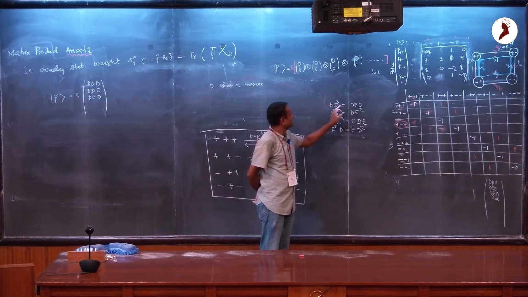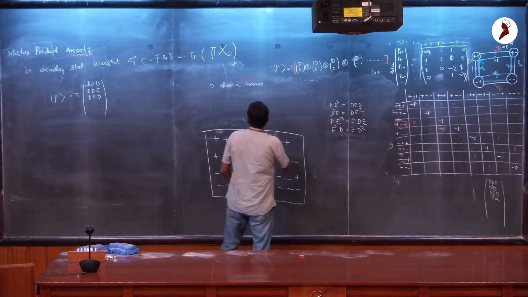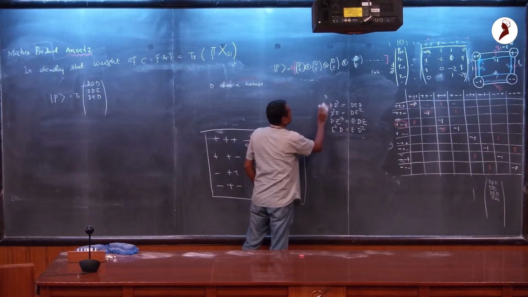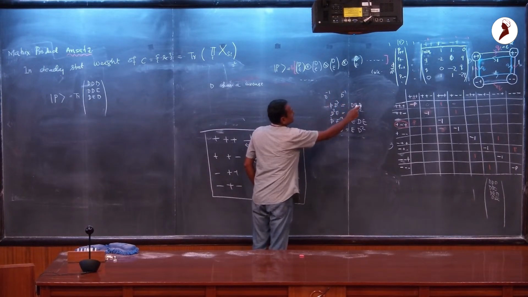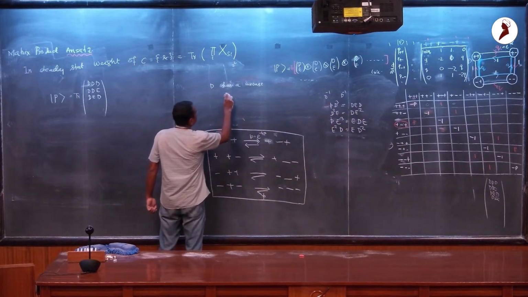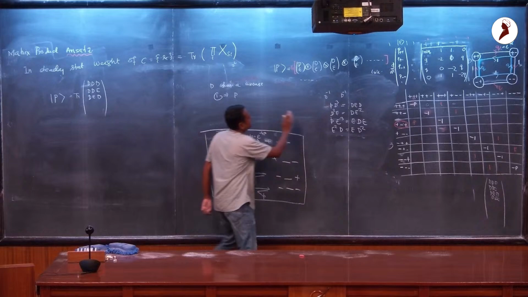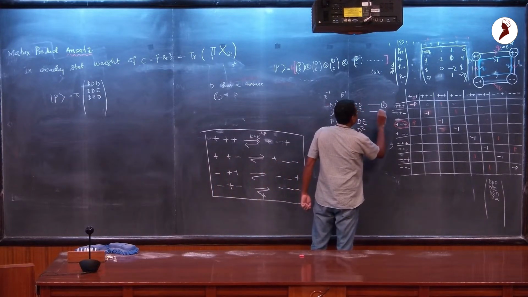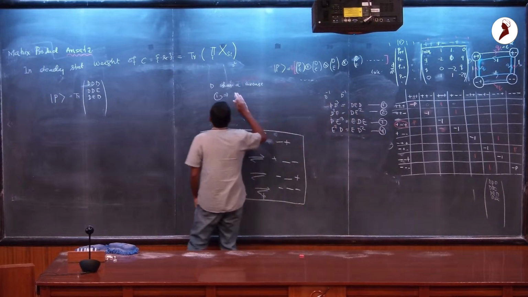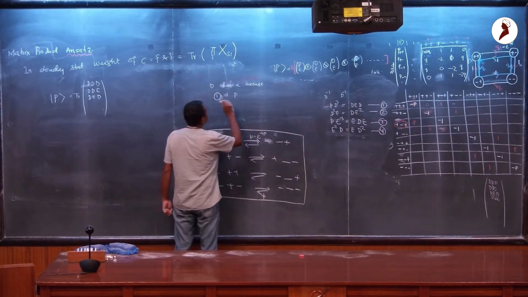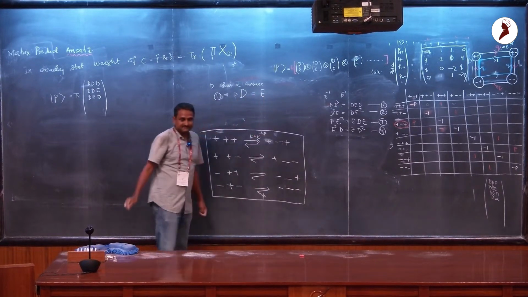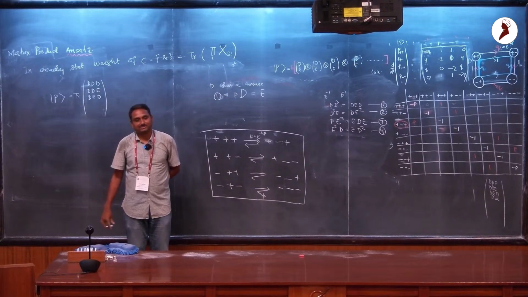Then this side is D inverse and D inverse, so these go away. So P D equal to E. Let us name the equations 1, 2, 3 and 4. So the first one implies that if D has an inverse, then P times D has to be the same as E. So it means D and E commute.